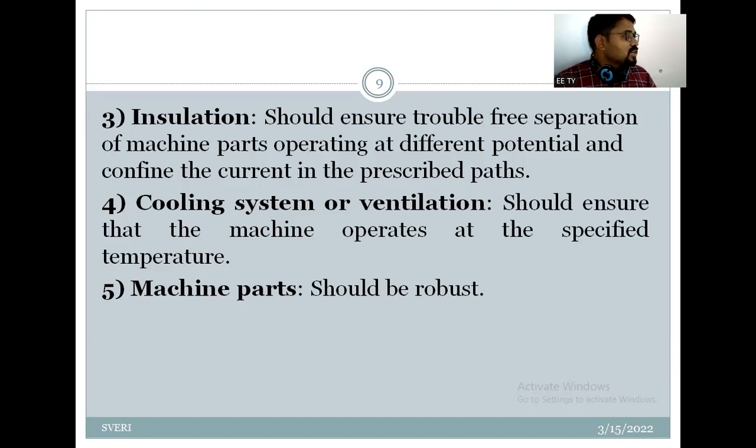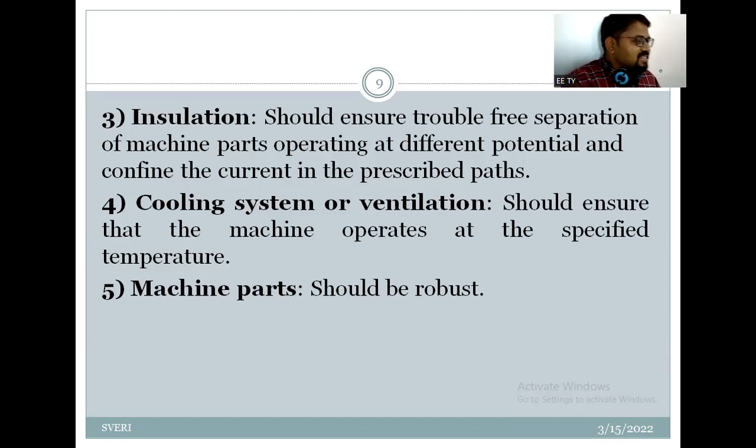If any accident happens in the transformer, there might be chances that it will damage the nearby system. So in transformer design, insulation plays a very important role.